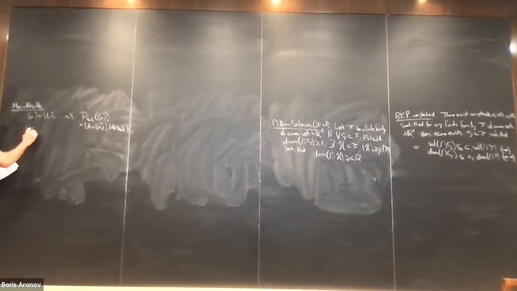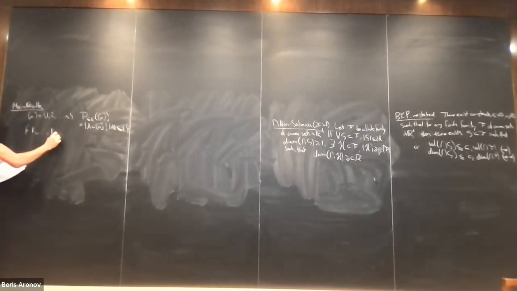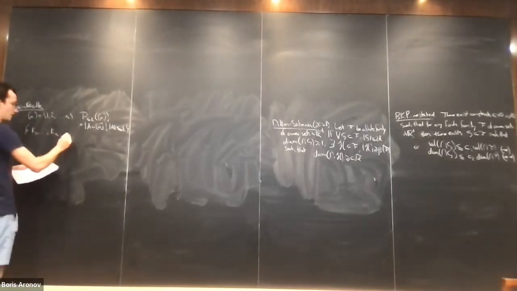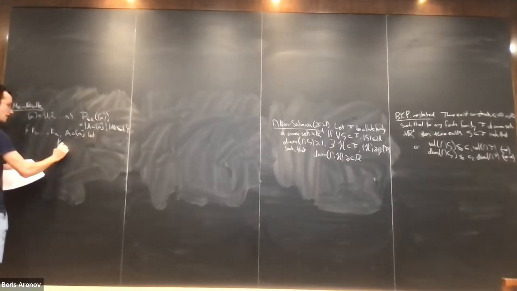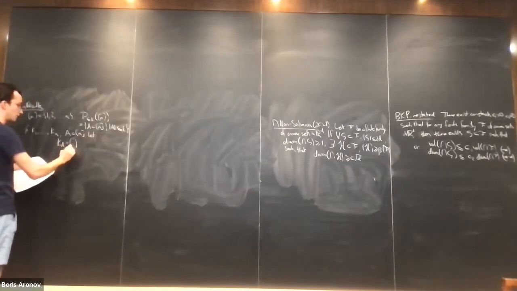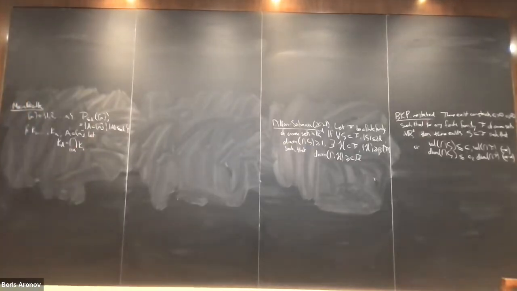And finally, if we have some sets K_i and a subset A of bracket n, let K_A be the intersection of the K_i for which i is in A.